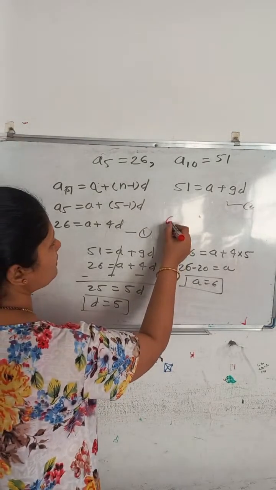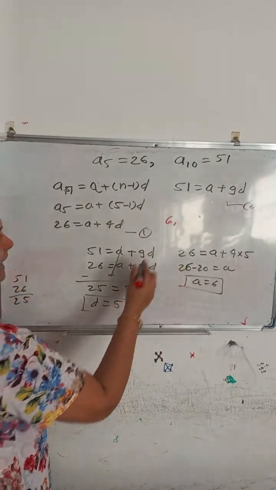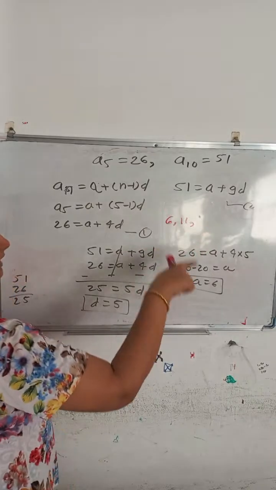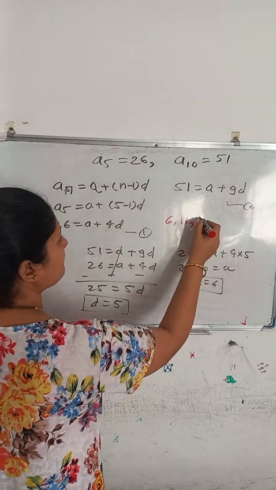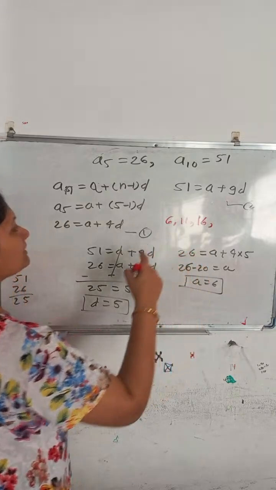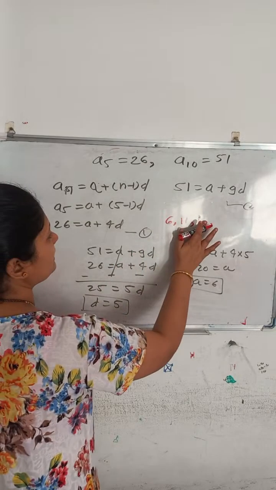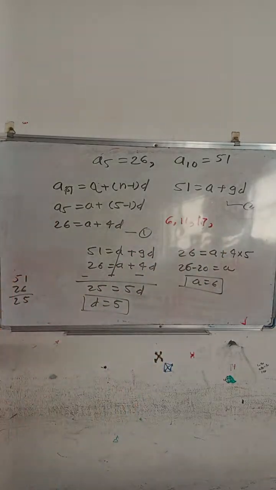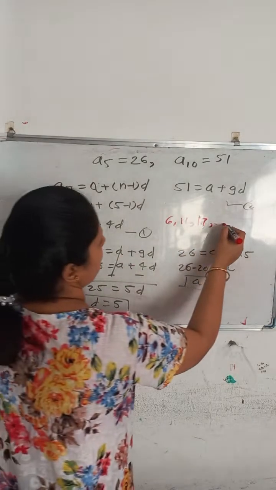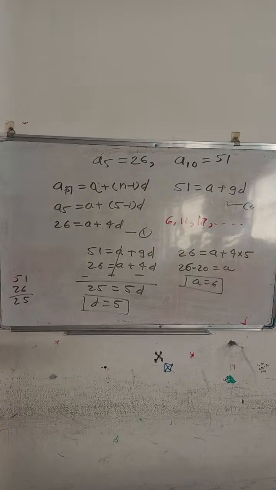First term I got 6 and to 6 you can add 5, that is 11. To 11 add again 5, that is 16. Again to 16 add 5, then you will get 21 and so on. Okay, so this is what an AP is. Getting this?